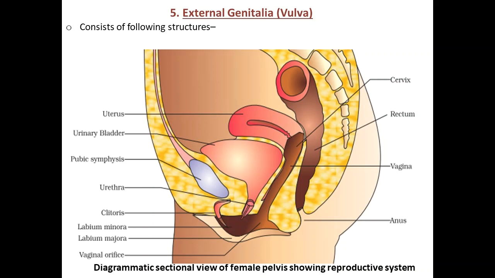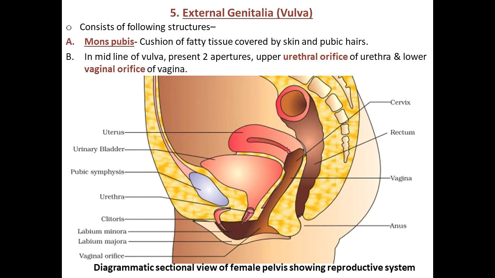So starting with the first labeling from the top, what is it? Uterus, already taken up. Uterus leads to cervix, cervix leads to vagina, and vagina opens out through an aperture called the vaginal orifice. This vaginal orifice opens in the midline of the vulva or external genitalia.